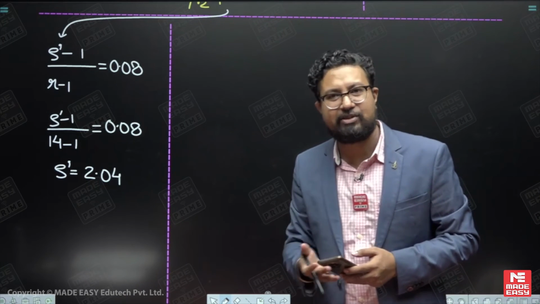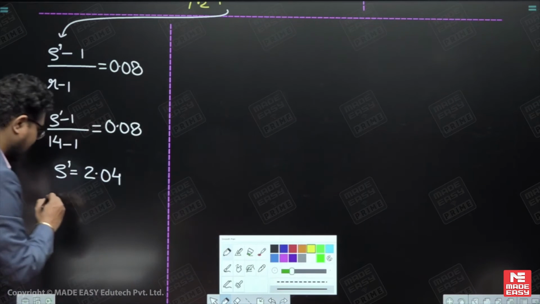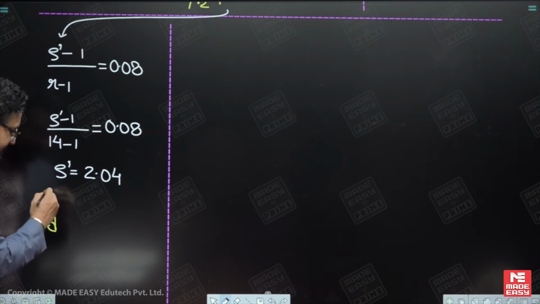Now if rho dash is known, we can find out the efficiency for the diesel cycle, that is the changed efficiency.